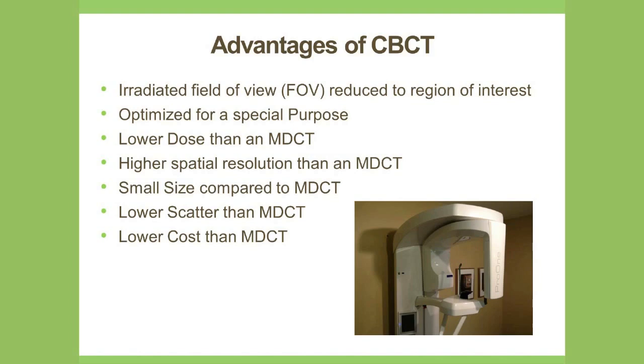It usually has a lower dose than multi-detector CT, or what I sometimes call a full gantry CT you see in a hospital or in a medical practice. It has higher spatial resolution in general than a medical or a multi-detector CT. It's got a very small size compared to a multi-detector CT. It has lower scatter than a full CT, a multi-detector CT, and it's lower cost. And so we see an awful lot of these out in practice.